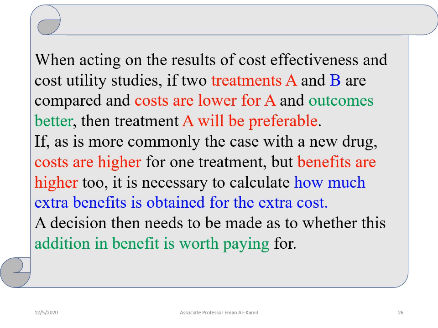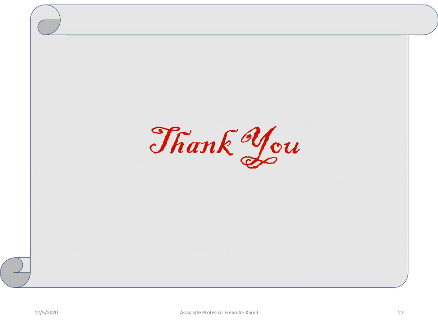A decision then needs to be made on whether this additional benefit is worth paying for or not. So we see whether this additional spending or additional benefit is worth paying for or not. We will take the decision according to the calculation between the cost and the benefit. And thank you.